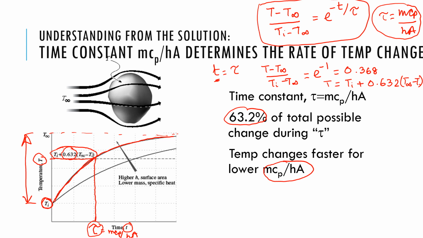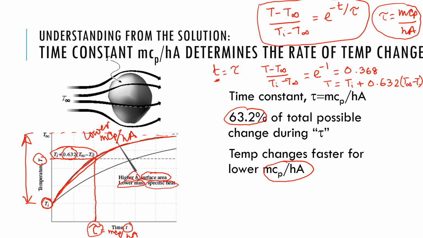So in these two cases, this one has a lower mcp over hA, so the temperature change is faster. And lower mcp over hA happens when h is higher, or there's more surface area, or lower mass, or lower specific heat. Okay.